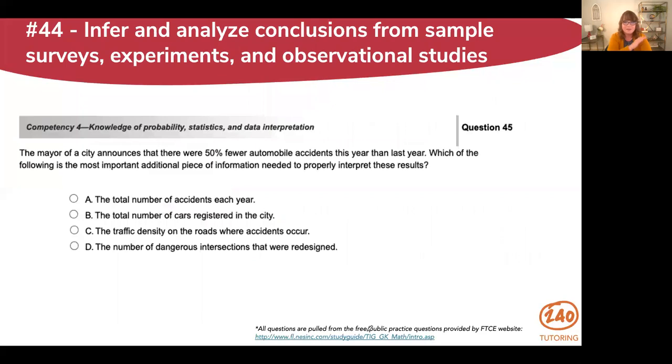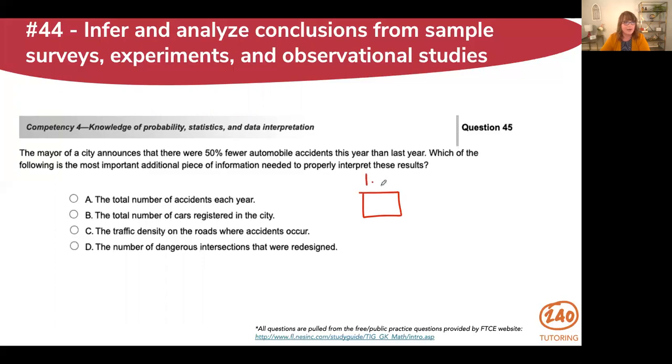All right. Last question for today. The mayor of a city announces that there are 50% fewer automobile accidents this year than last year. Which of the following is the most important additional piece of information needed to properly interpret these results? So we have last year, we had a certain number of deaths.